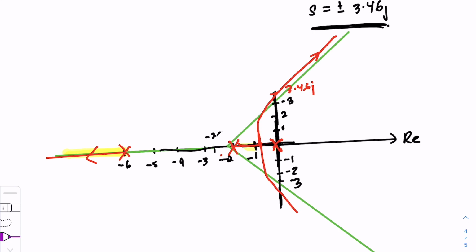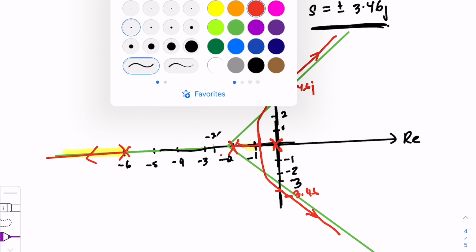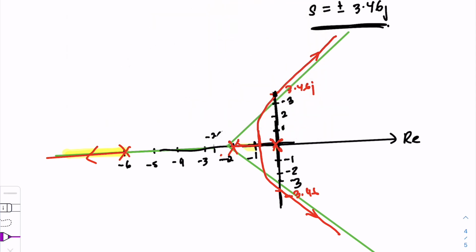I have to make sure it follows the asymptote. It cannot go away from the asymptote, it must follow the asymptote. So these are the two loci. Just make sure that when they leave each other, the location is according to your sigma b, and once they have left each other at 90 degrees perpendicular to the real axis, they will then follow the asymptote to the position where you cross your imaginary axis. At that point, your K is equal to 96.